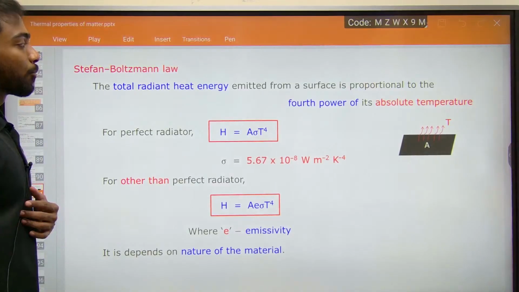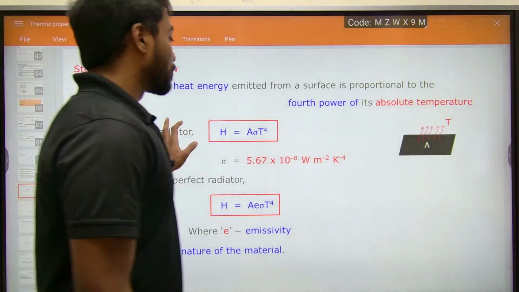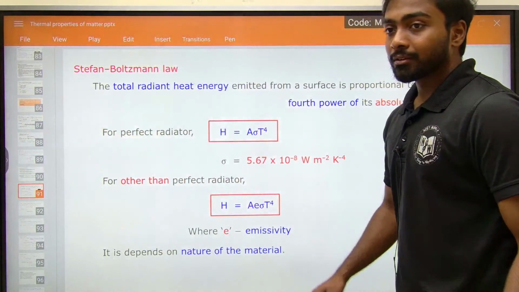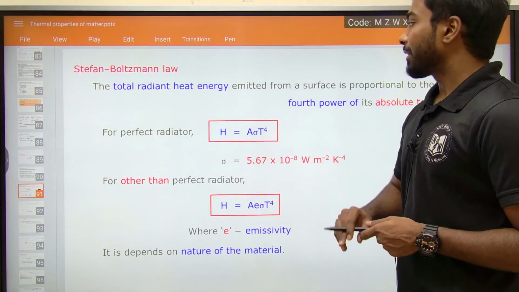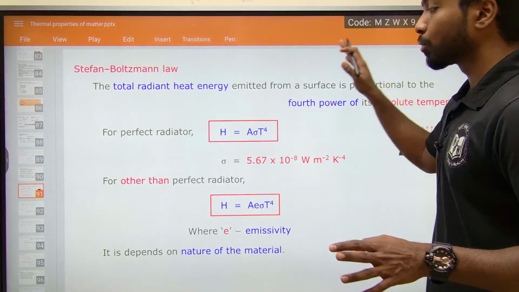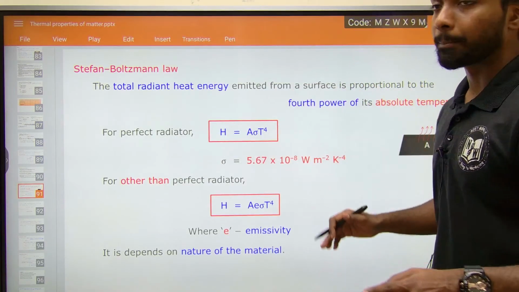And Stefan-Boltzmann's law. Wien's displacement we have seen. This is Stefan-Boltzmann's law: the total radiant heat energy emitted from a surface is proportional to the fourth power of the absolute temperature.